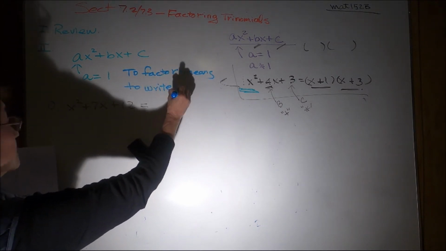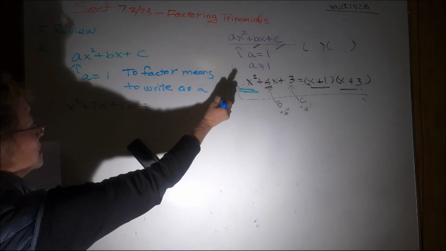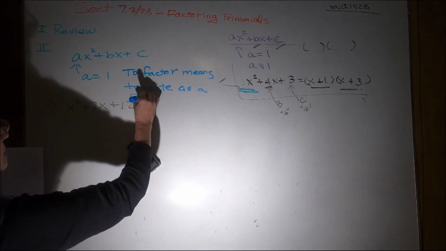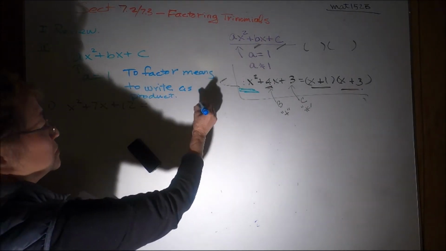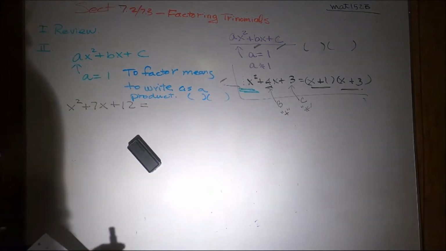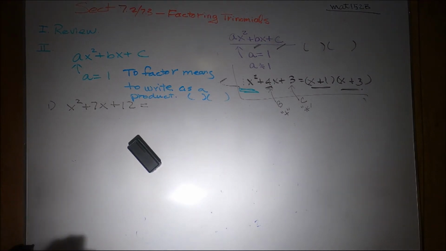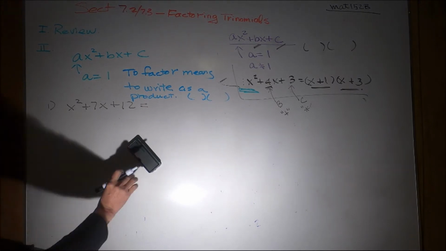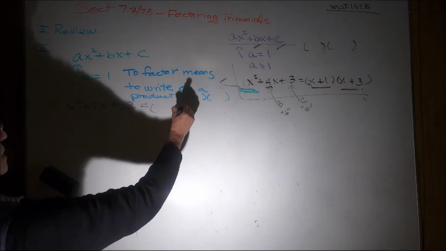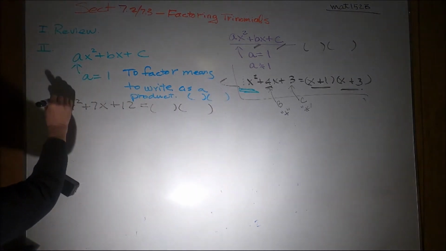To break down, to write as a product. Right? Write as product means what? Something multiplies something. Then each one is a smaller unit, and we call it what? If you can break down to the smallest one, that will be primes, right?